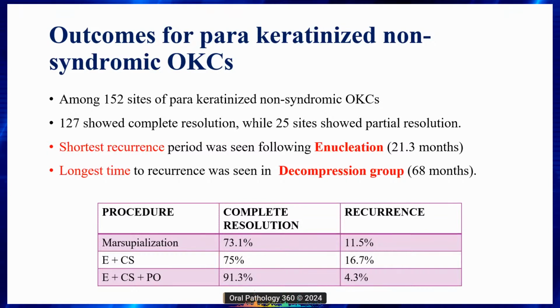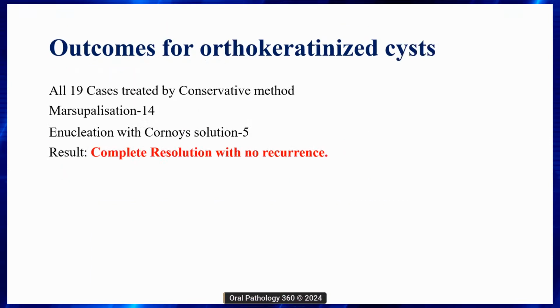And the shortest recurrence period was seen following enucleation, and longest time of recurrence was seen in the decompression group. For orthokeratinized cysts, they were all treated by conservative methods by marsupialization or enucleation with Carnoy's solution, and they resulted in complete resolution with no recurrence till date.